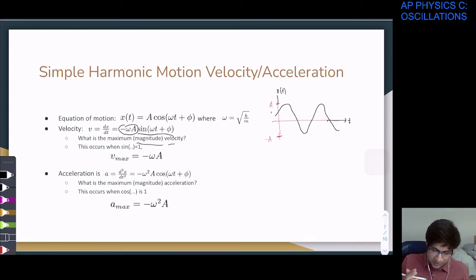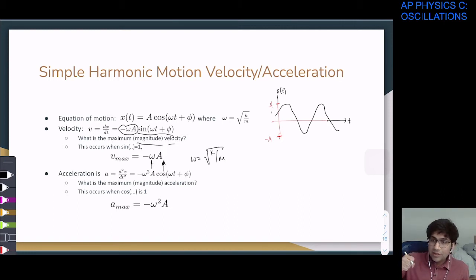So we actually have two ways of creating a lot of velocity. We can extend the object on the spring really far, and that'll increase our A, or we can set omega. And remember, omega is equal to the square root of k over m.